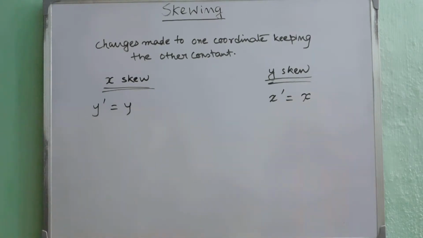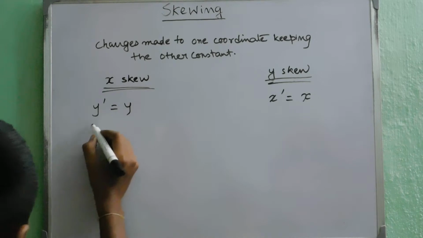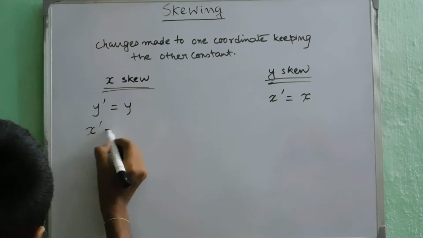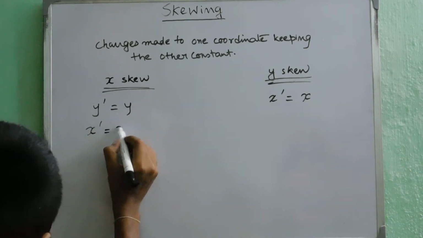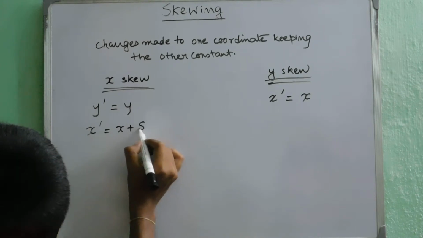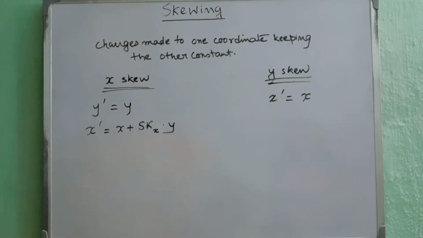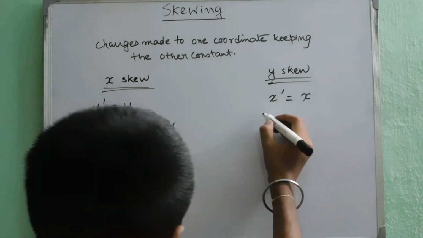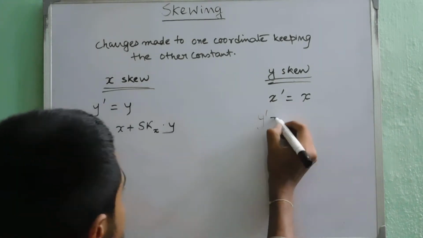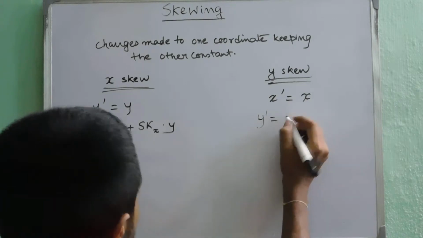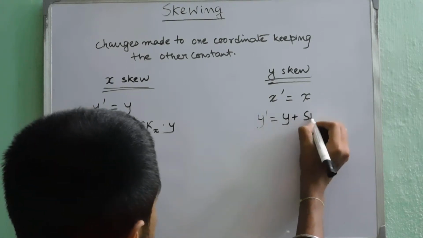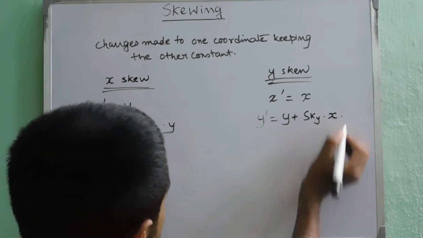For x skew, the x coordinate is changed as x plus sk x into y, and for y skew, the y coordinate is changed as y plus sk y into x.